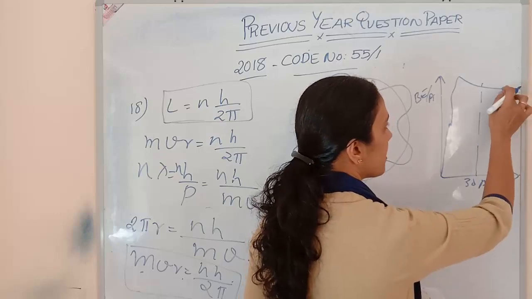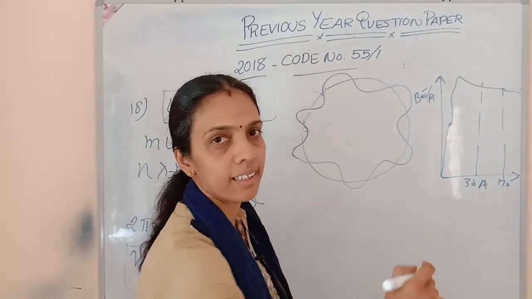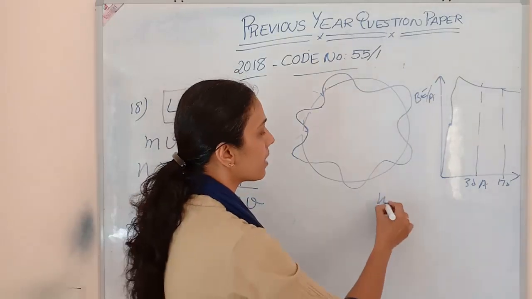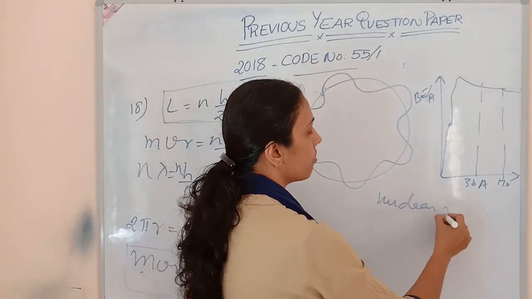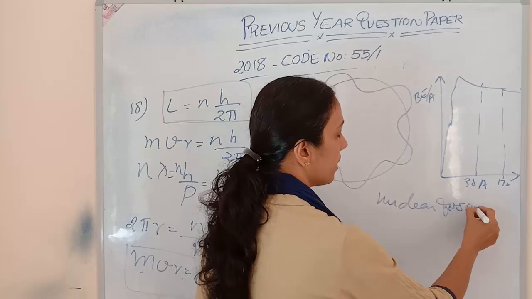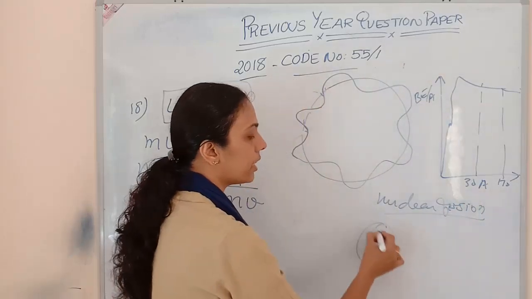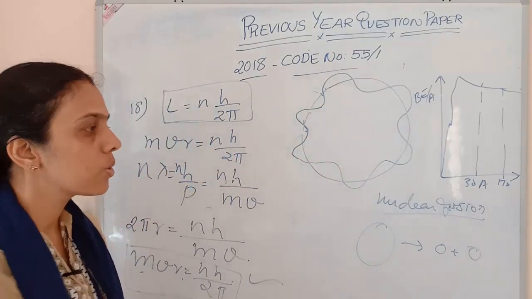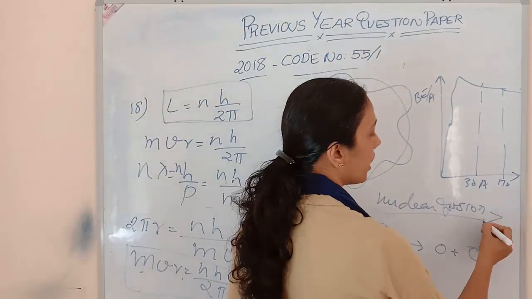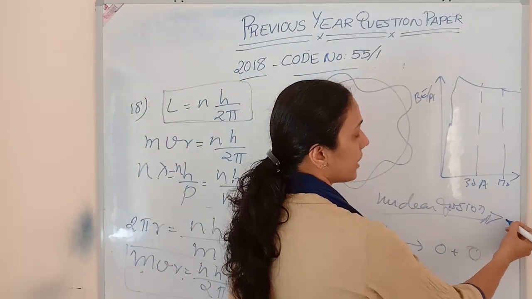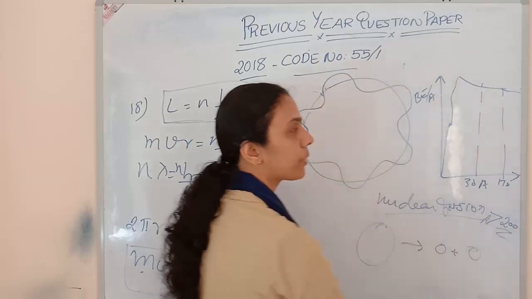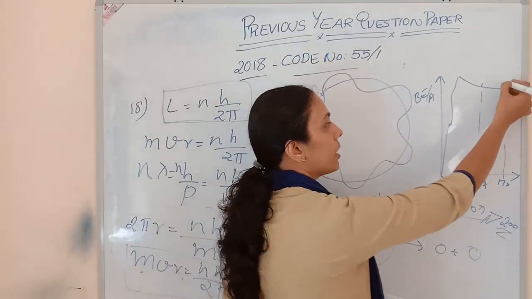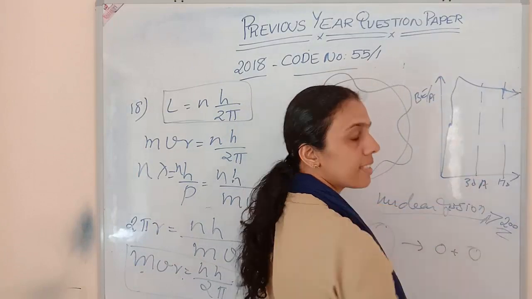Then the energy is decreasing, isn't it? Nuclear fission means bigger nuclei splitting up into smaller nuclei, isn't it? This happens when the mass number is greater than 200. After 170 only, the energy is decreasing.